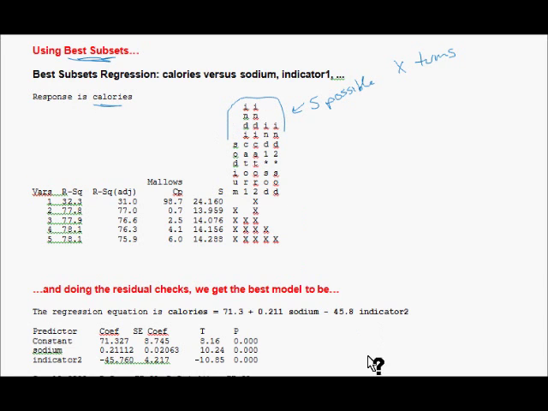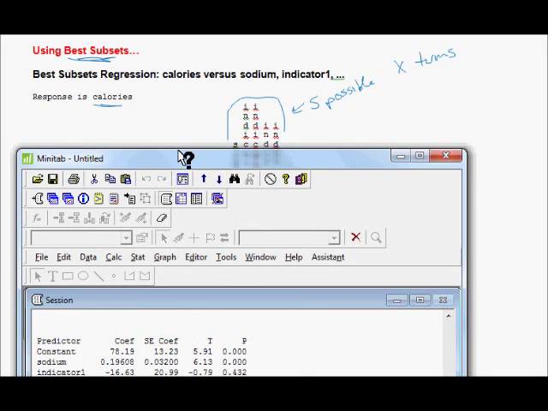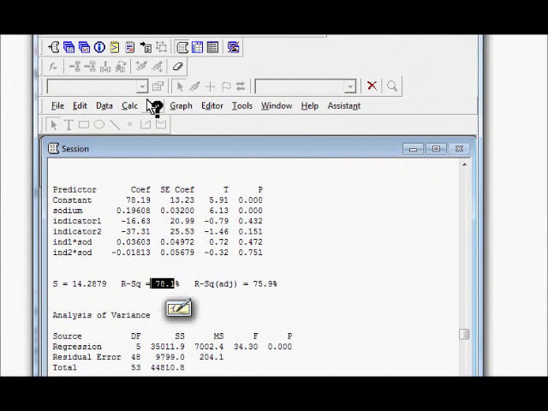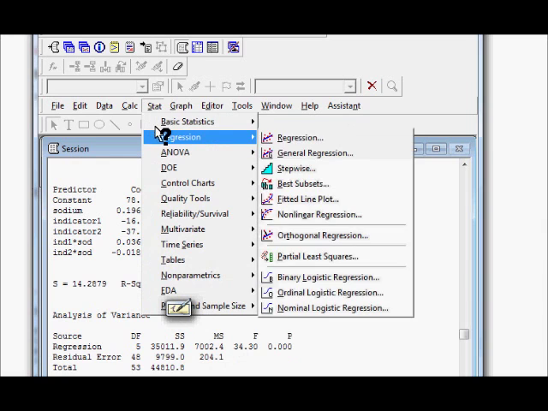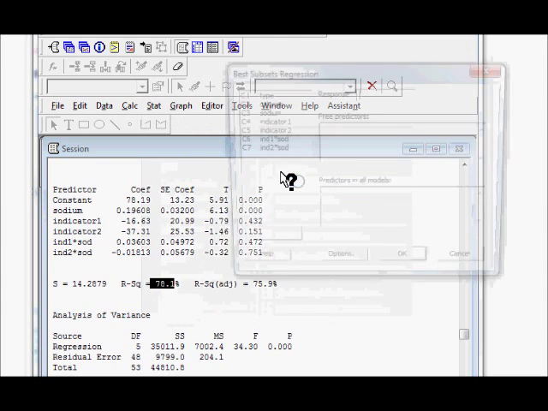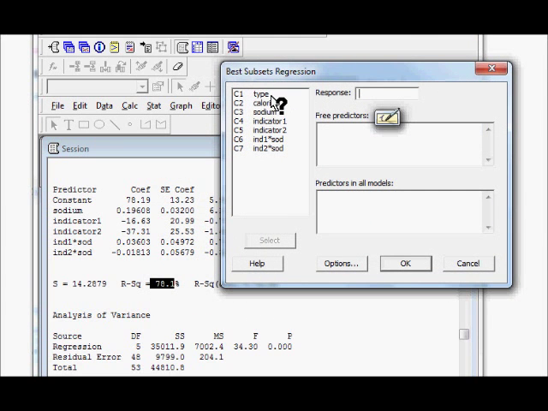I guess I can show you, it's easy enough, right? Stat, regression, best subsets. Calories. Use all my 5 possible x's: sodium, indicator 1, indicator 2, and indicator 1 times sodium, indicator 2 times sodium.